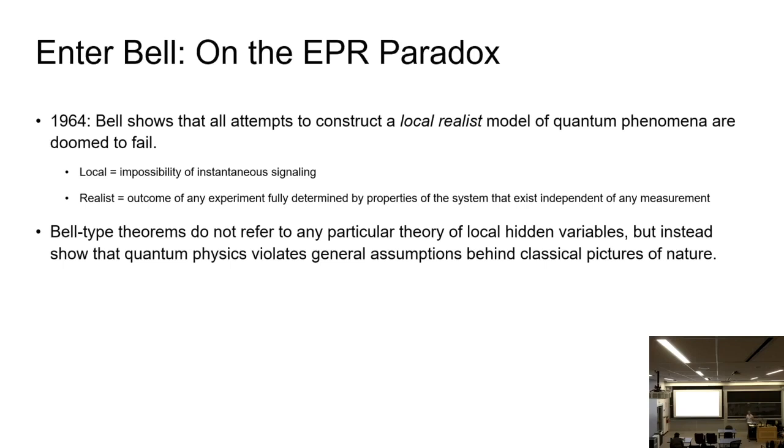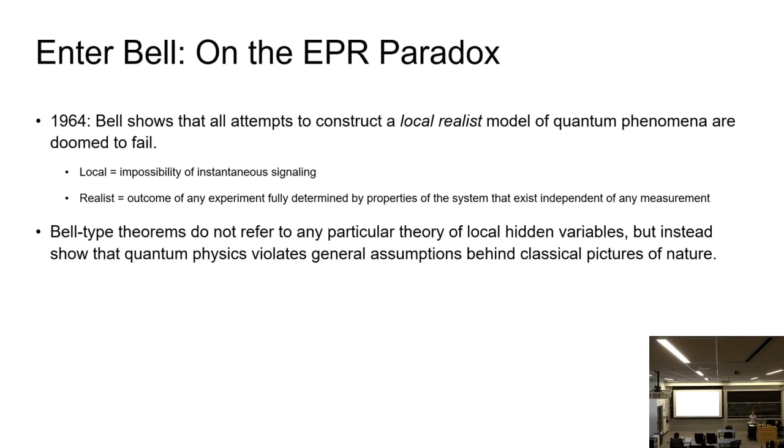We can sort of generalize the ideas that Bell wrote down in his 1964 paper into a category of things called Bell-like theorems. So what Bell did in that 1964 paper is he first derived an inequality for a certain correlation function that has to be obeyed using his local realist theory. And he then showed that for some experimental conditions, the predictions of quantum mechanics violate that inequality.